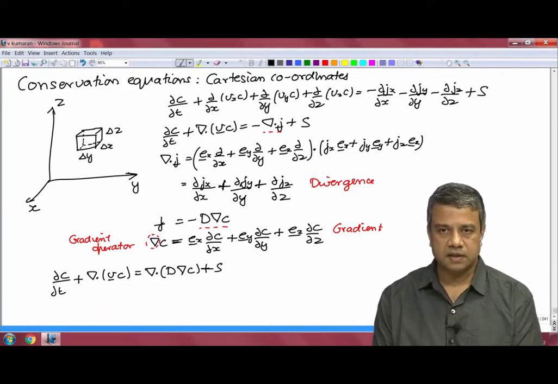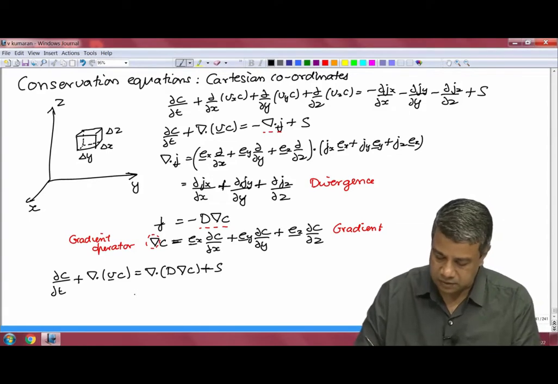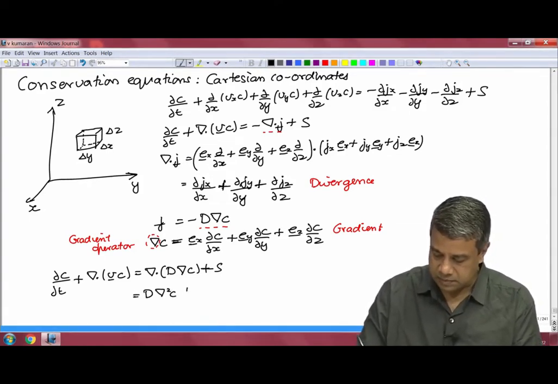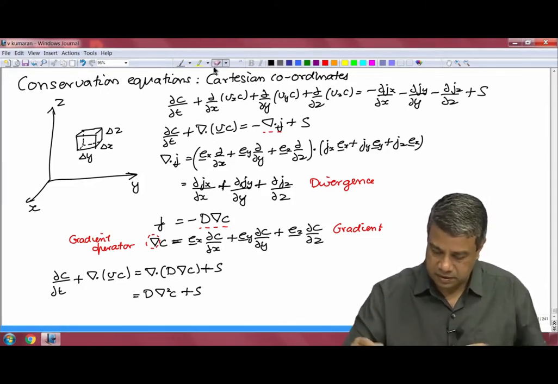And if d is independent of position, okay, if it is a constant, then we can take it out of this. Okay. D del square C plus S. So, let me just write it once again.